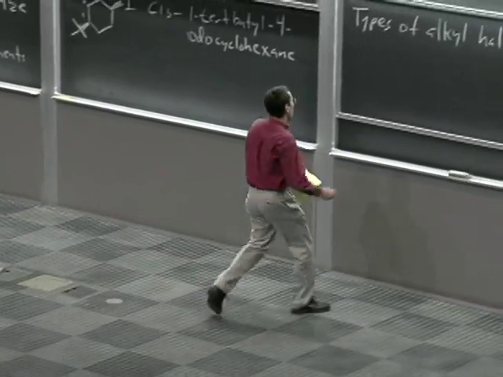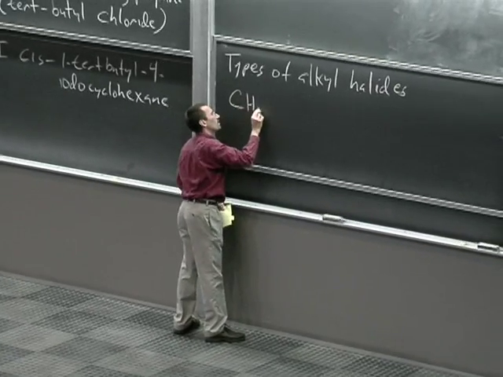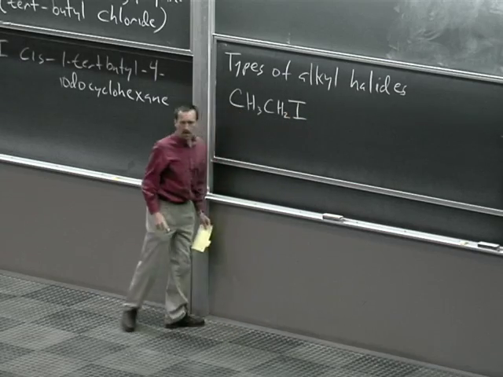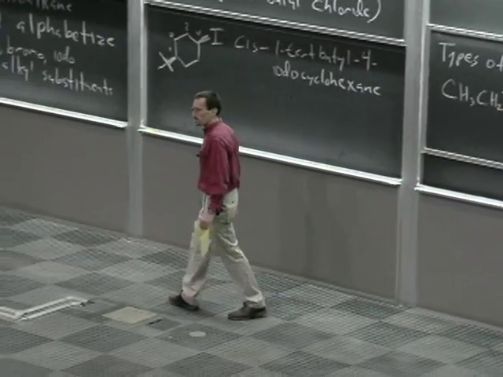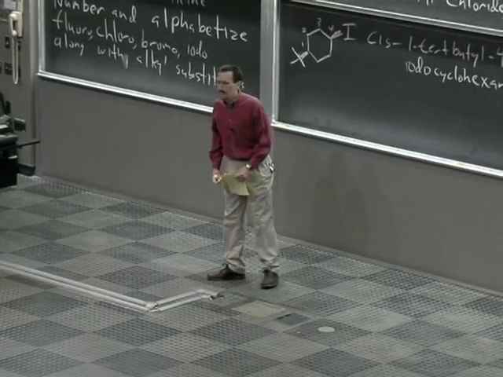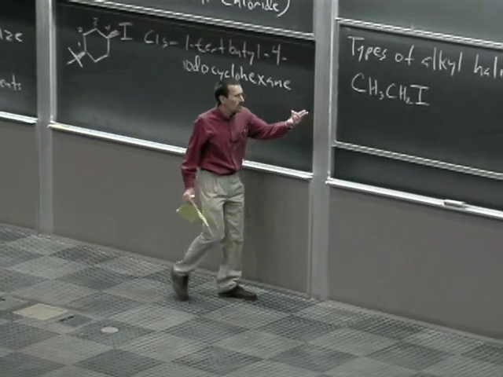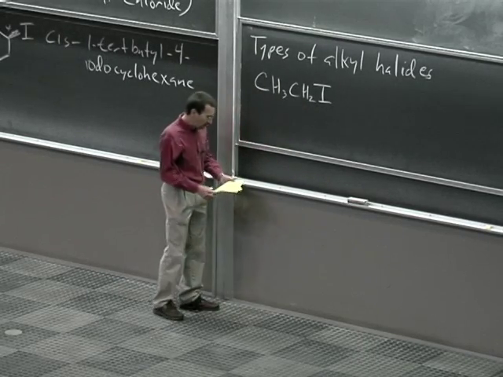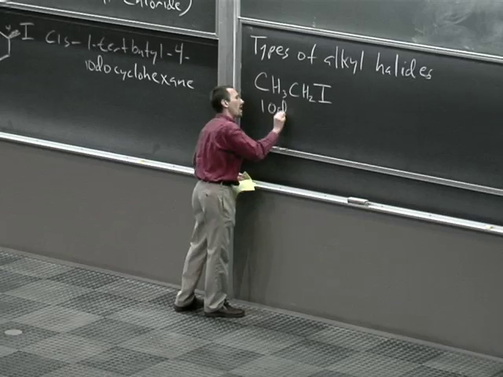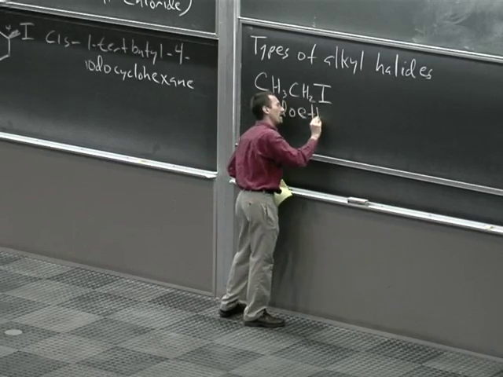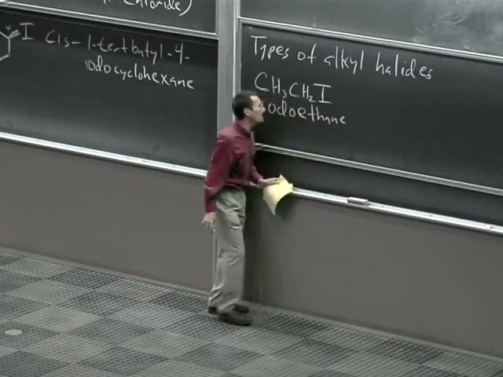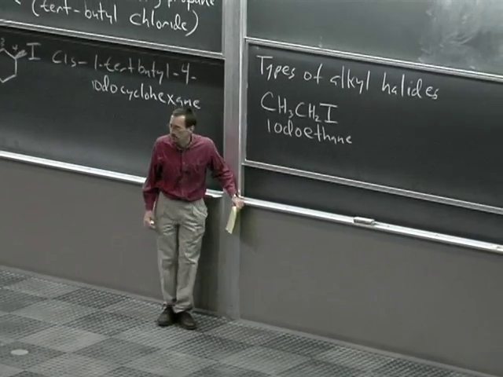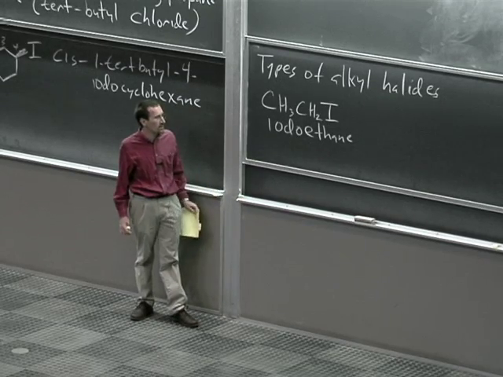All right, so CH3CH2I, the one we used in our example of an SN2 displacement reaction with cyanide. Obviously, it's an iodoalkane, but what's much more important about this is that it's a primary iodoalkane. So I'll write its name just to remind us, iodoethane. No need to number, because no matter where you put the iodine on the ethane, it's always going to be at the one position if you don't have anything else there.